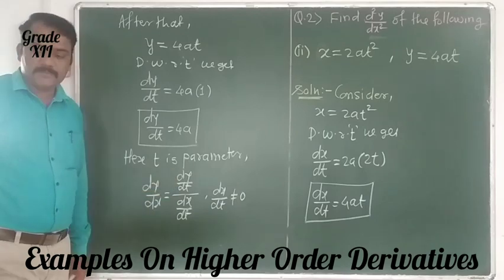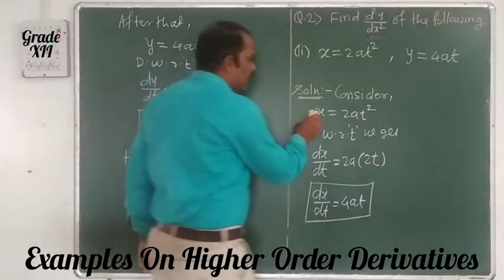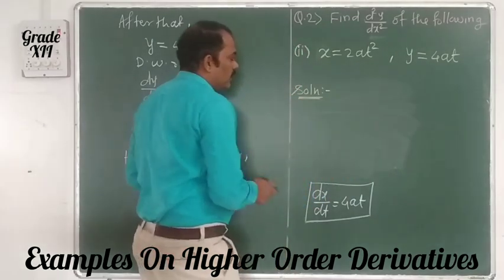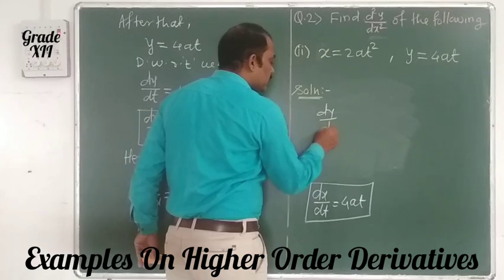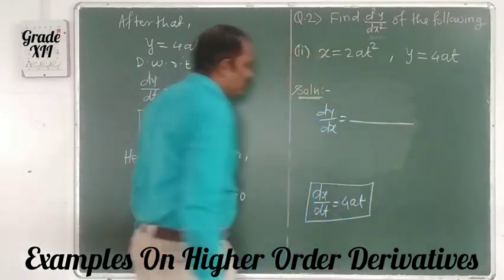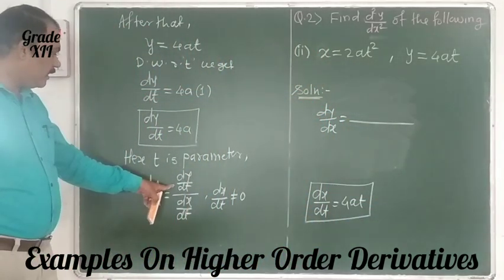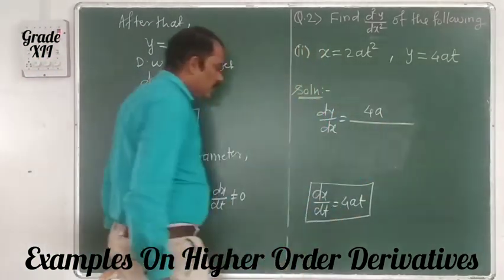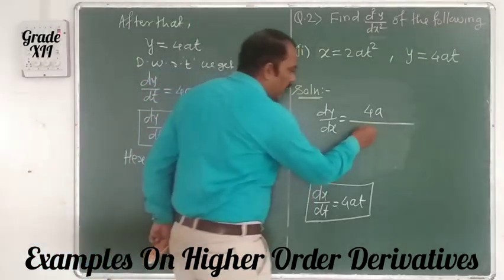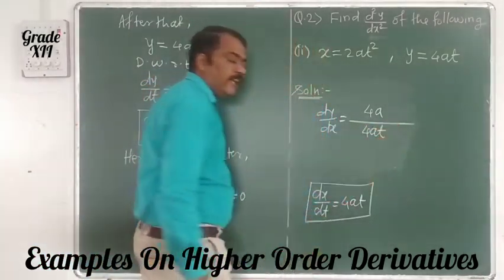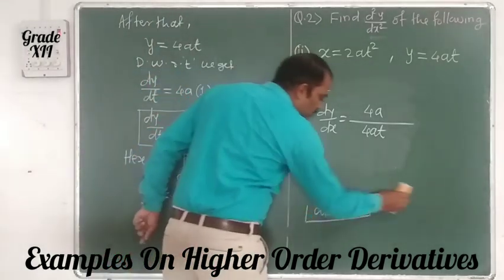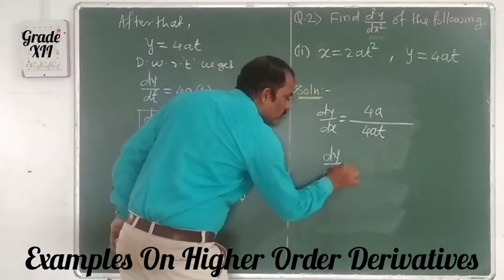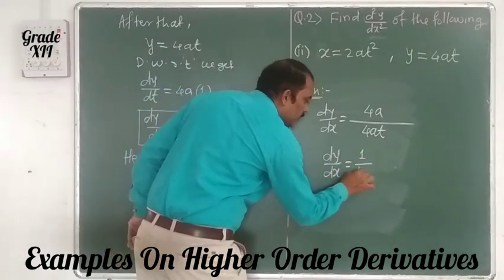Now we have to substitute the corresponding values, so we get dy by dx is equal to, first we keep the value of dy by dt, it is nothing but 4a. Dx by dt is here 4a into t. 4a cancels, so we get dy by dx is equal to 1 upon t.